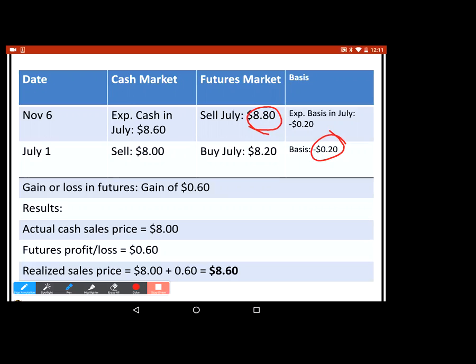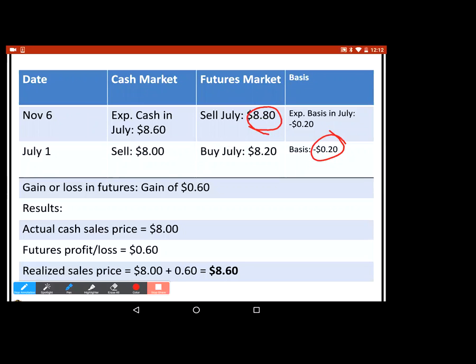If our actual basis was -10 or 10 under, what would our net price have been? 870. So the stronger basis would give us a stronger price. This was -10, then this would end up being 870, which I'd rather have 870 than 860. So stronger basis helps the short hedger.